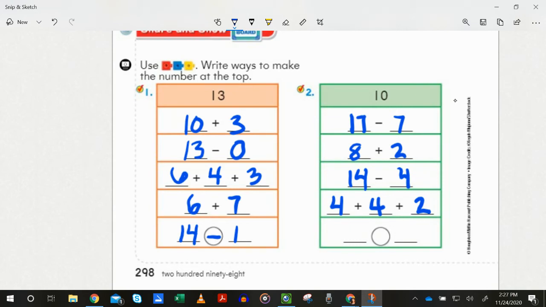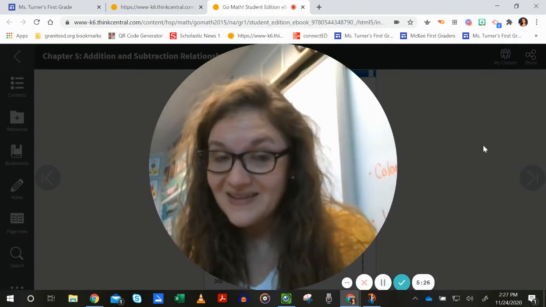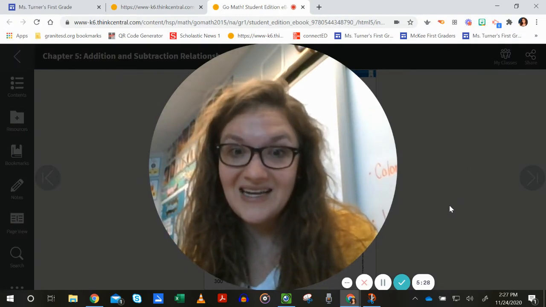Let's do one more group of 10 buddies. What are you picking? I think this time I'm going to do 6 plus 4. Okay, so you can see we used both addition and subtraction to find ways to make a 10. Now the other puzzles are even more exciting.